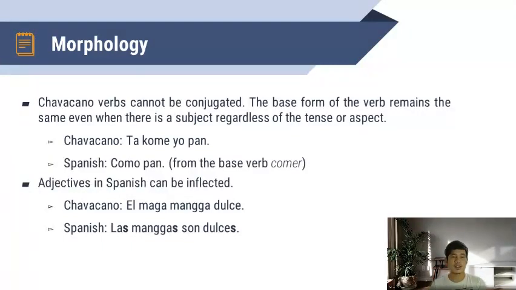So again, it is said as "las mangas son dulces," which means the mangoes are sweet. So unlike in English, you notice that adjectives in English are not inflected. So we just say sweet, and we don't put anything to denote plurality. Unlike in Spanish, if the noun is plural in form, then the adjective and the article should also be plural in form, meaning that it's inflected with the morpheme s.